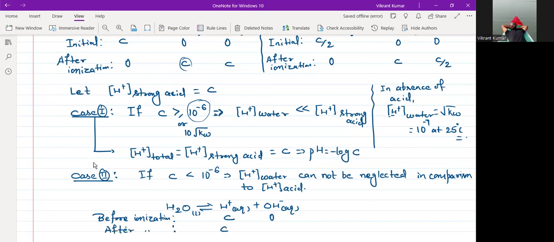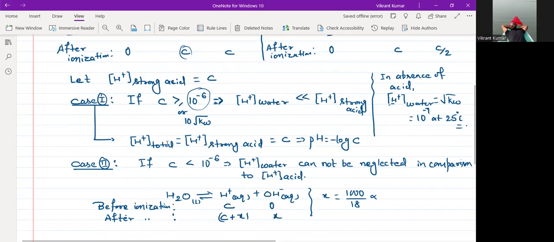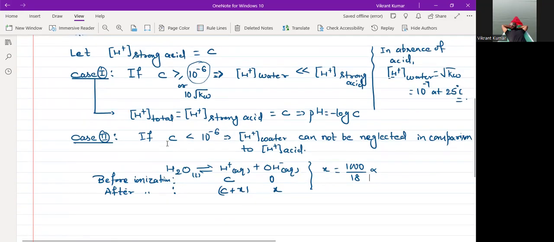आफ्टर आयनाइजेशन it will become C plus, याद करो इसको मैंने बताया था या तो मैं इसको x लग सकता हूँ कि ये x है, ये x है, बट x को मैंने बताया था 1000/18 अल्फा, है ना? Now we are saying कि अगर मैंने इग्नोर किया होता तो सीधा देखो C into x को मैं KW लिख देता, है ना, और x निकल आता, but this time we can't ignore it and that's why we are writing H plus into OH minus is equal to KW.